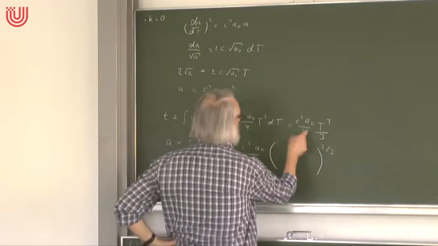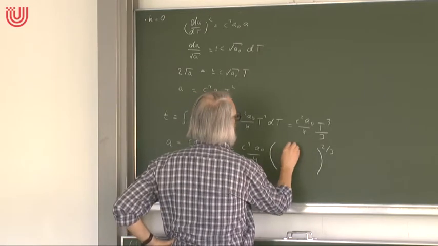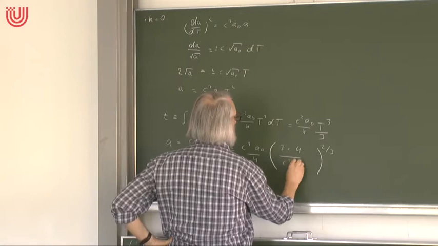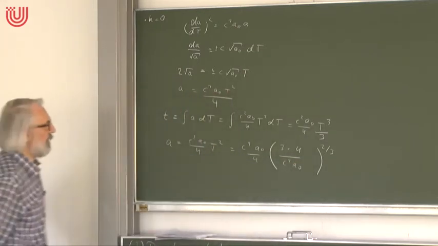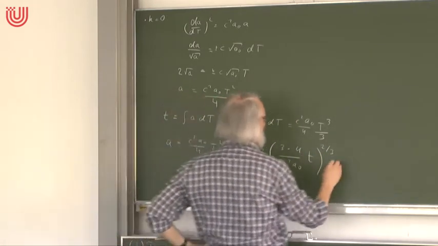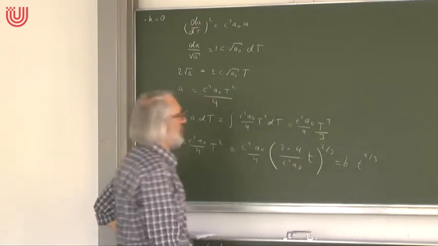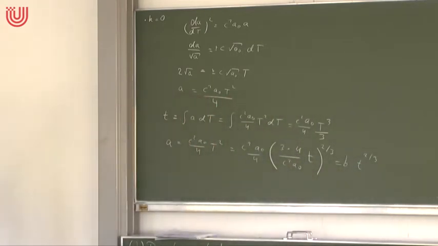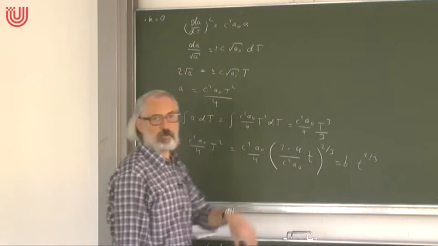So I get this, and all this comes to the other side, right? So this is 3 times 4 divided by c squared a naught. So you see it's a bunch of constants, and then it's the t, of course, that's the main thing. So it's a bunch of constants, which I combine into a new constant b times t to the power 2/3. And maybe you remember that we have considered this spacetime already.